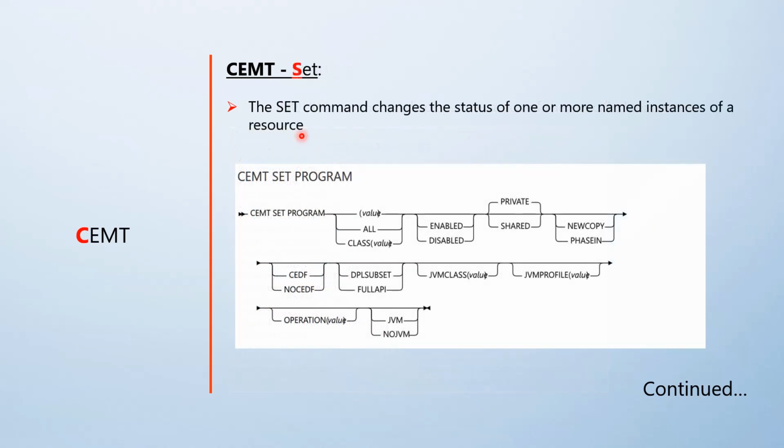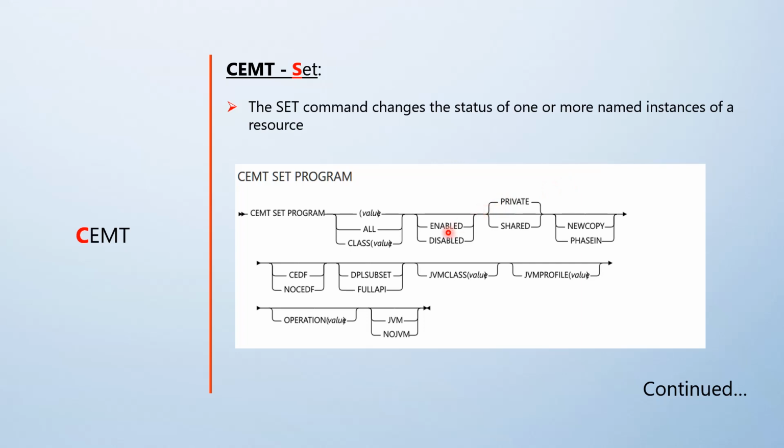The next option in CMT is set, with which you can change the status of one or more instances. Why we say more instances: if you see here the syntax of CMT set program in this example, you need to set a value. Either you can give an asterisk or anything, so you can set the values on all that is displayed based on your value parameter.